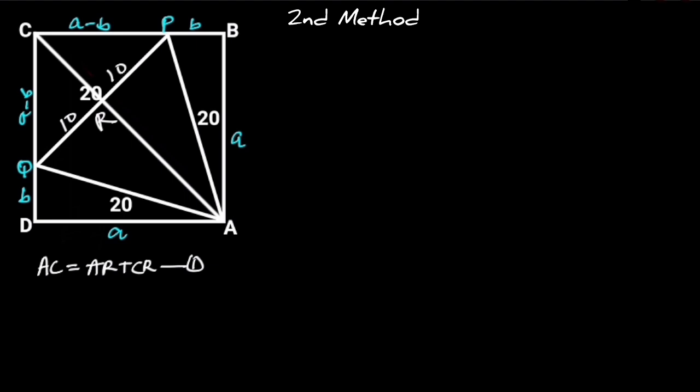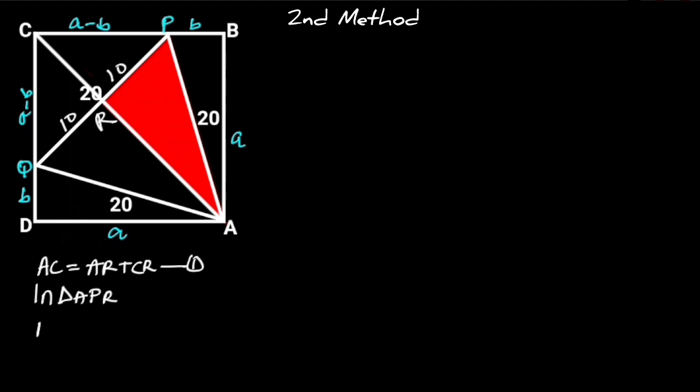To find AR, let's consider triangle APR. In triangle APR, AP squared is equal to AR squared plus RP squared, from Pythagoras theorem. AP is 20 and RP is 10.